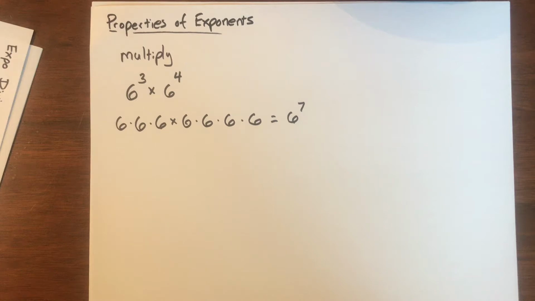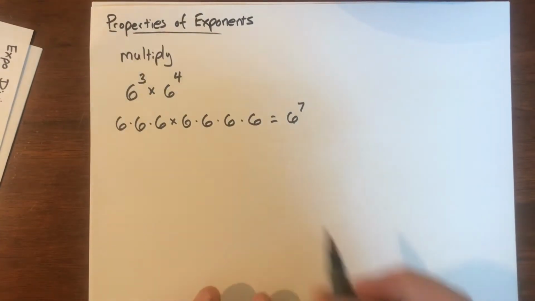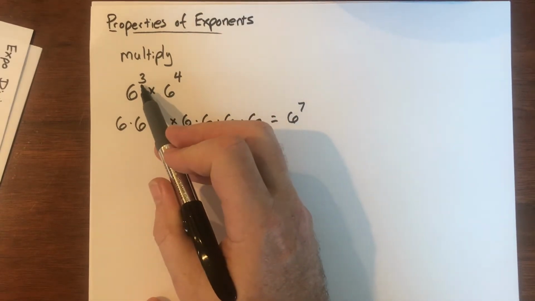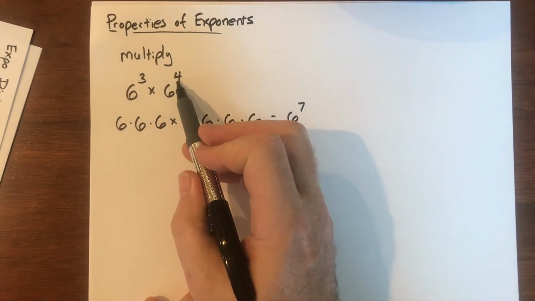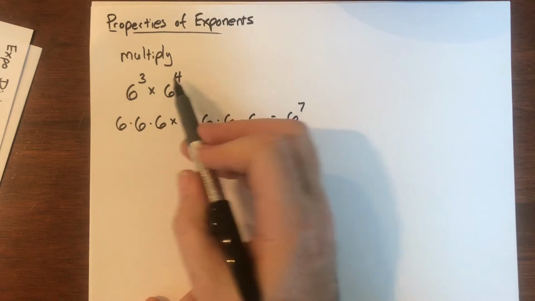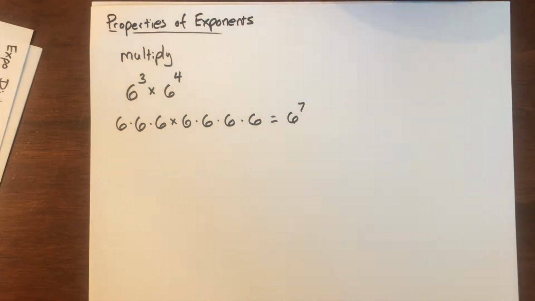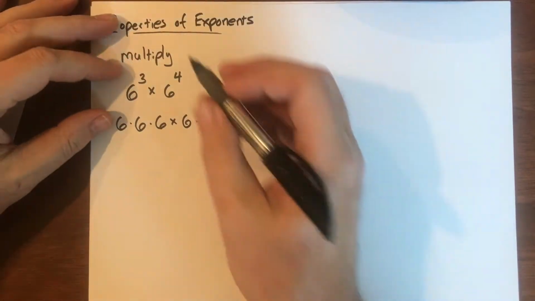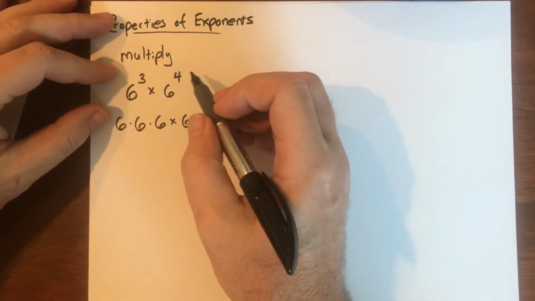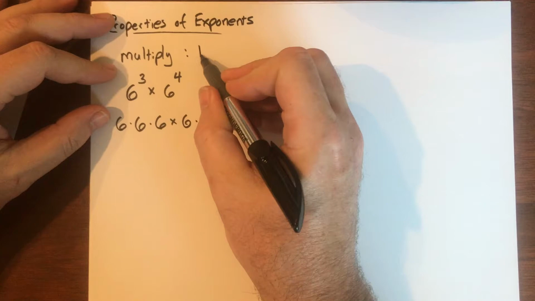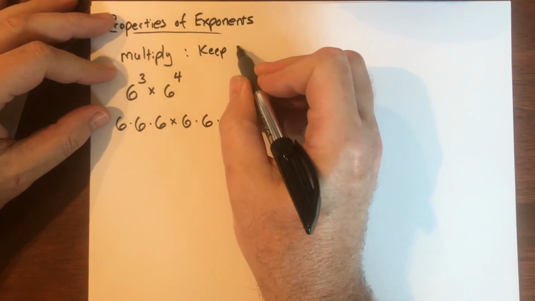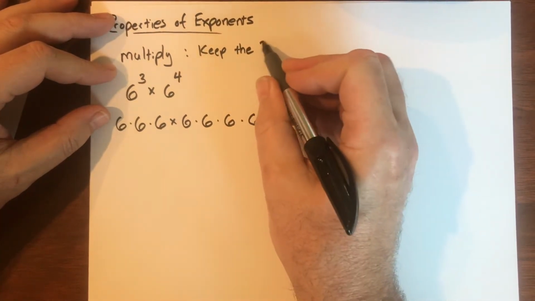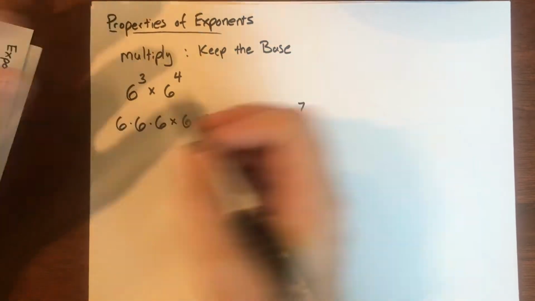Boys and girls, what is the shortcut? You already know what it is. There's 3 6's here. There's 4 6's here. To make 3 and 4 into 7, all we have to do is add. And this is the first property of exponents. When you multiply them, here's the rule. We keep the base. Never change it.